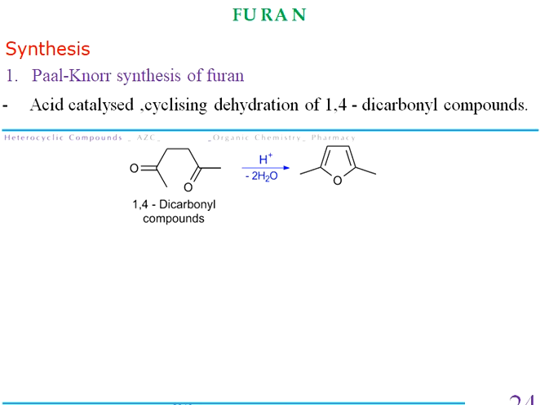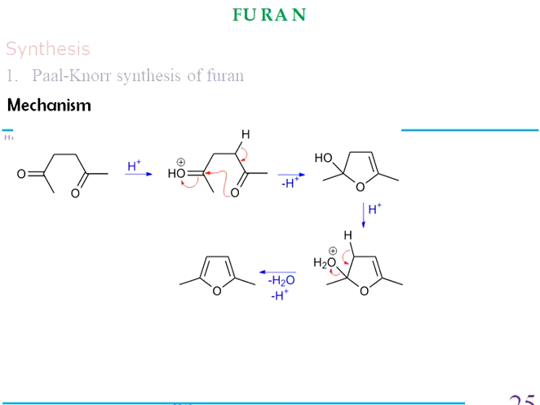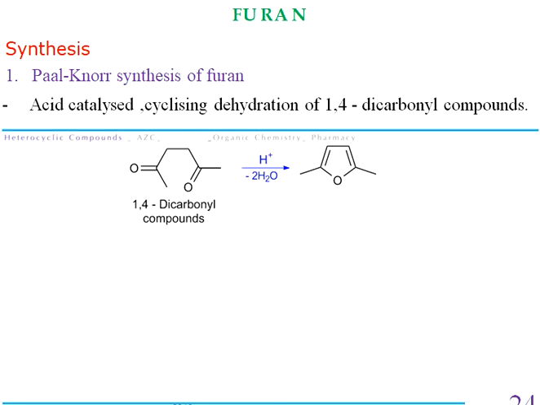In the case of pyrrole, we were reacting the 1,4-dicarbonyl compound with ammonia, but in this case, we are doing dehydration of this compound using acid as a catalyst, and this results in the formation of our furan.